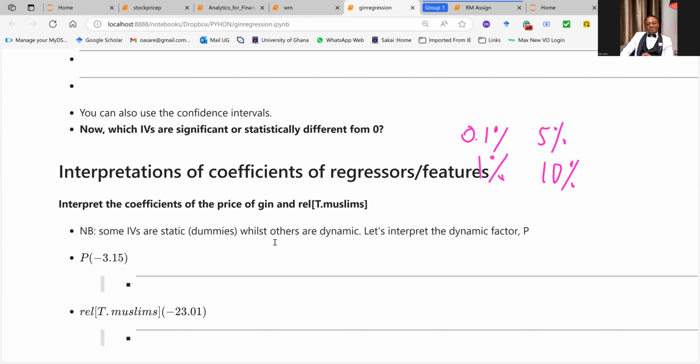On average, given the complement price of gin, the location of the shop, because this one is the shops of gin bitters, the occupation and religion of the people, a 1 unit increase in the price of gin decreases the quantity demanded of gin by 3.15 units.